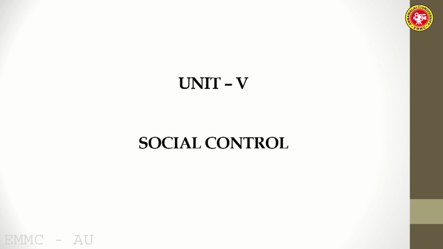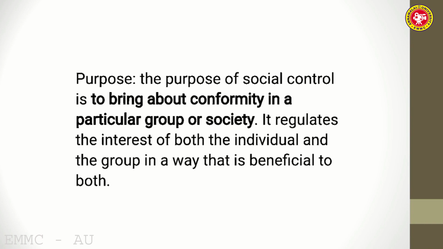The next one is social control. The purpose of social control is to bring about conformity in a particular group of society. It regulates the interest of both the individual and the group in a way that is beneficial to both.